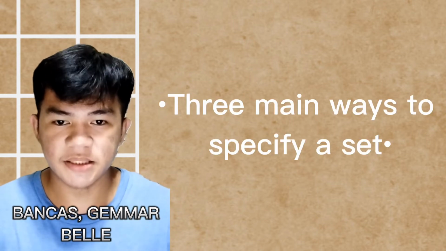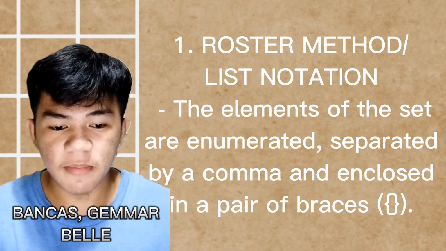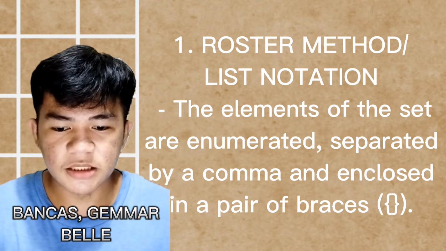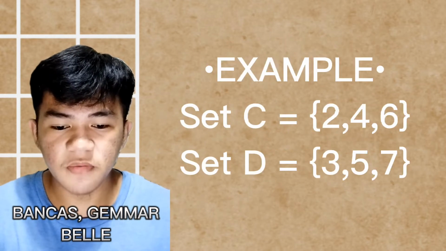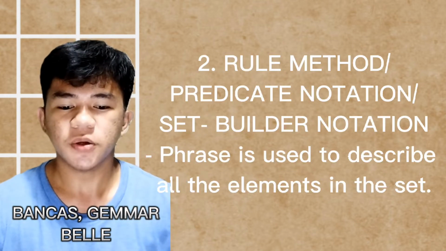So we have three main ways to specify a set. First is the roster method. You enumerate the elements separated by commas, enclosed in a pair of braces. For example, this one. Number 2 is the rule method.